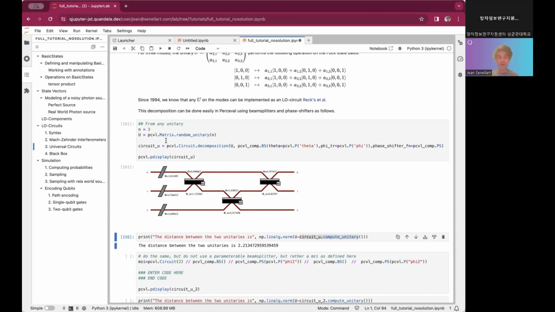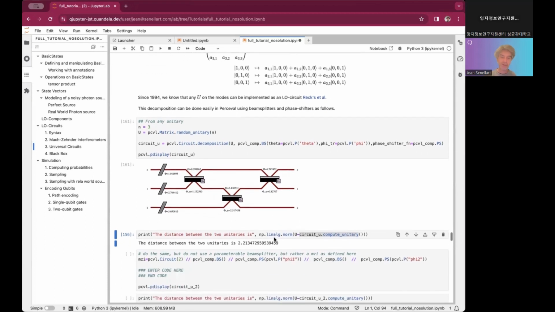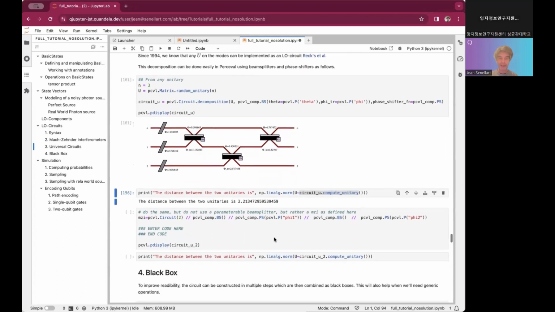Universal means whatever unitary matrix I take, I will find a circuit implementation. All of you have taken some random unitary that is different than mine, and all of you should have gotten a circuit. This is the proof that it is universal. Whatever unitary you take, there is a circuit implementing that unitary.